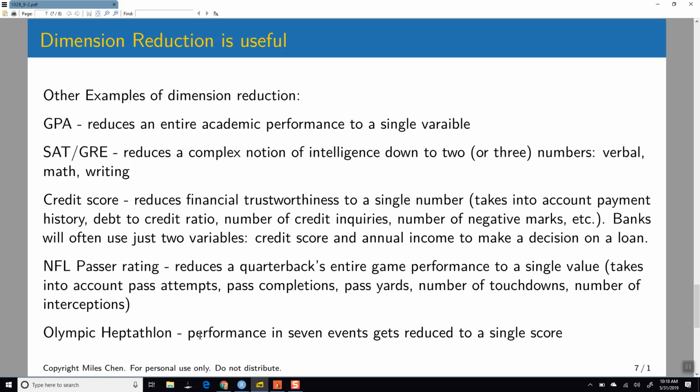Now I'm going to venture into the math part of PCA, okay?